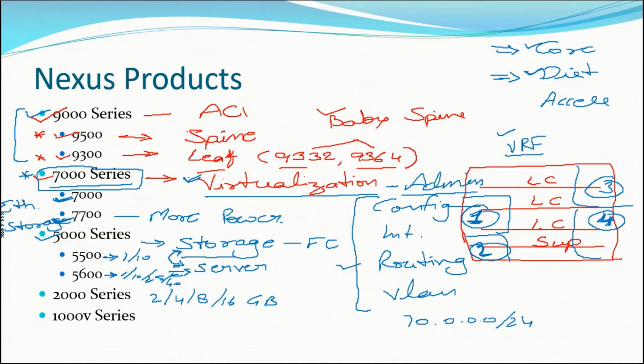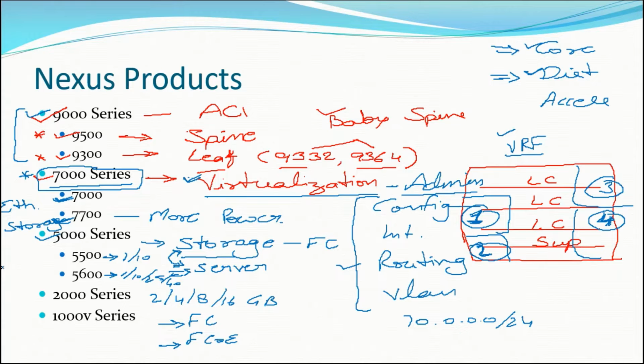They are giving us an option to use the fiber channel interface in Nexus 5000 or fiber channel over Ethernet. So we have the option: either we can use the native fiber channel interface on the Nexus 5000 series, or we can use the existing Ethernet interface and connect to our storage devices via FCoE technology, which we will discuss in our storage class in detail.